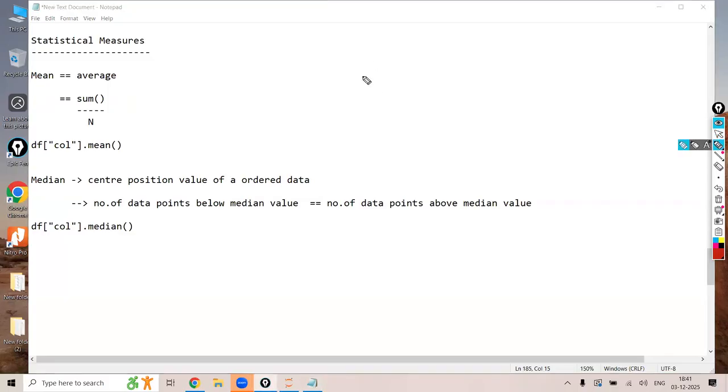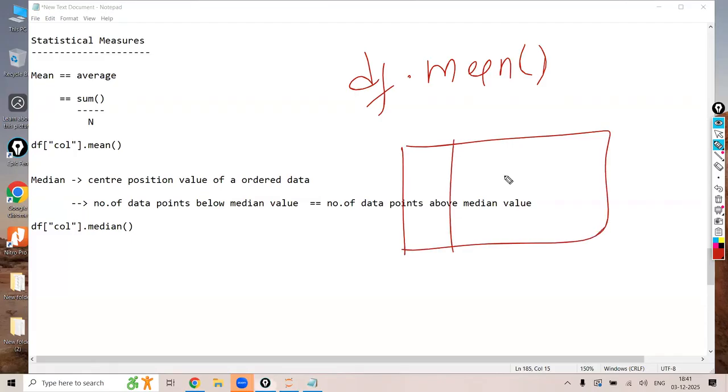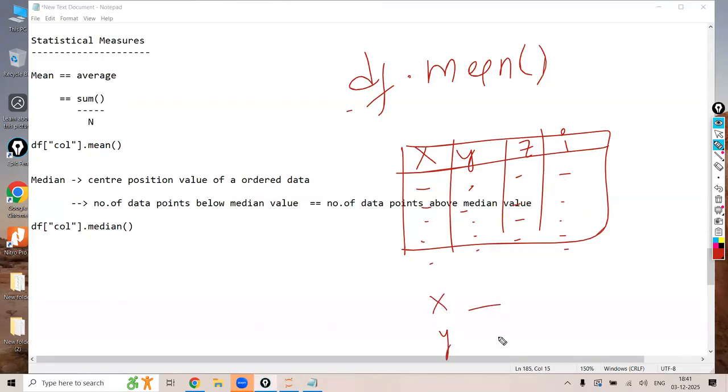Sir, instead of selecting a column, if I write df dot mean, what happens? For example, you have 4 columns, X, Y, Z, and I, and values are there in each. If you simply write df dot mean, you will get the mean value for X, Y, Z, and I: 4 mean values.